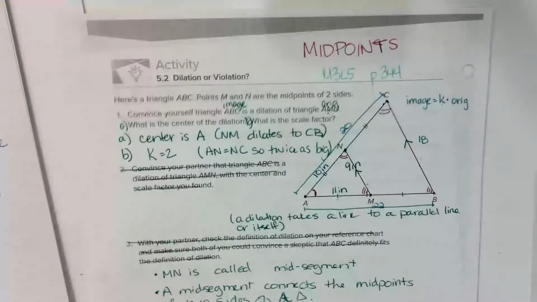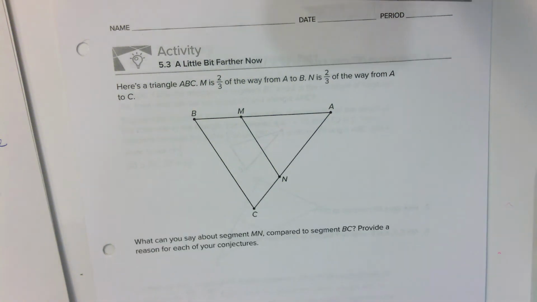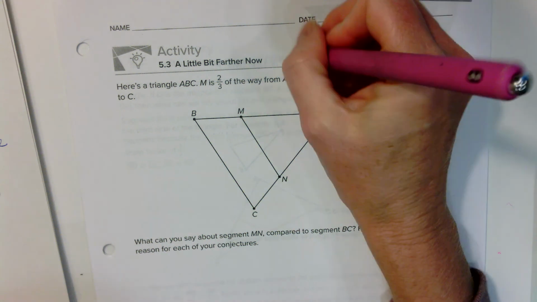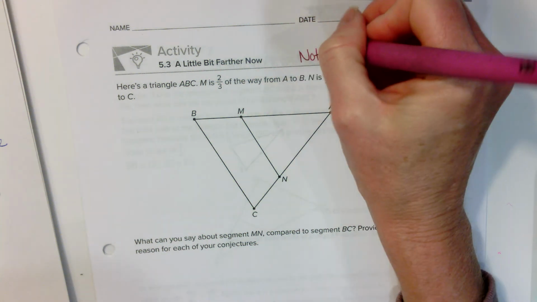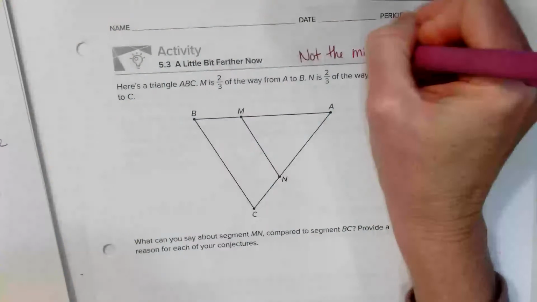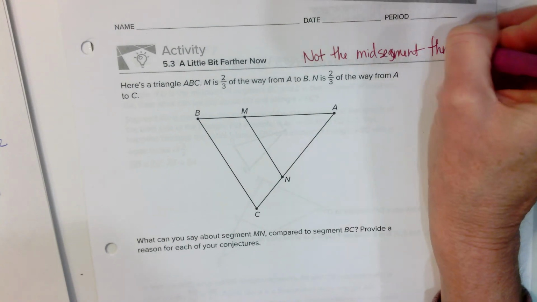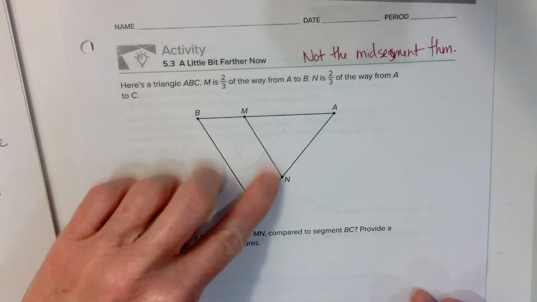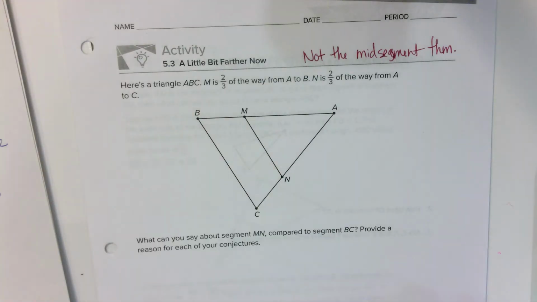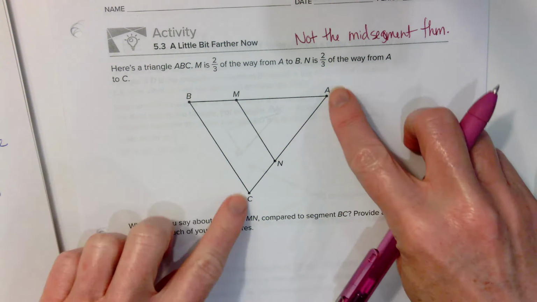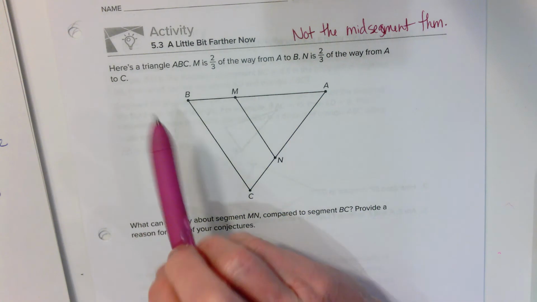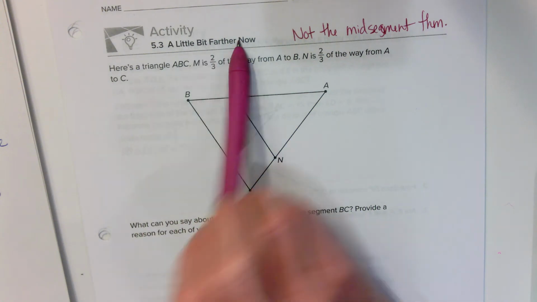So going to 5.3, the next page, notice that this is not the mid-segment theorem, because we're going to see in just a moment that M and N are not the midpoints of AB and AC.